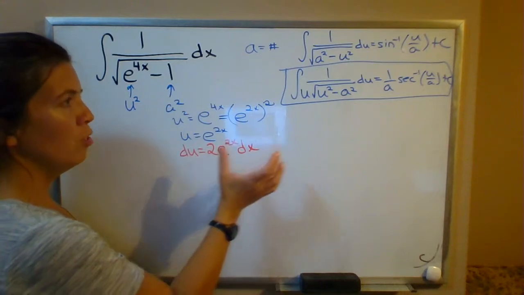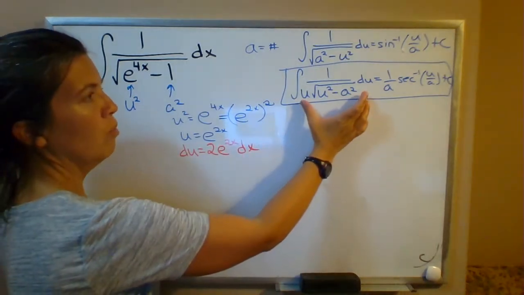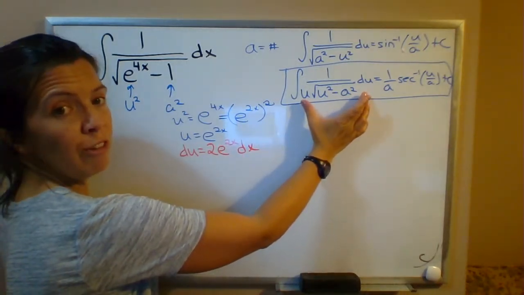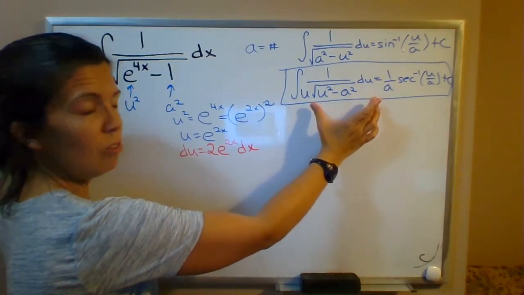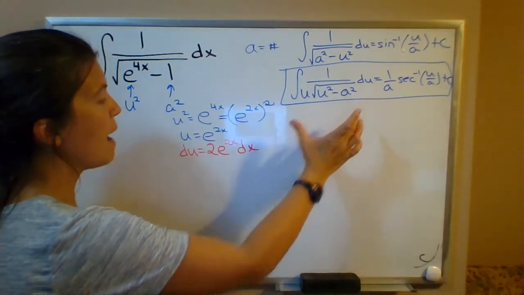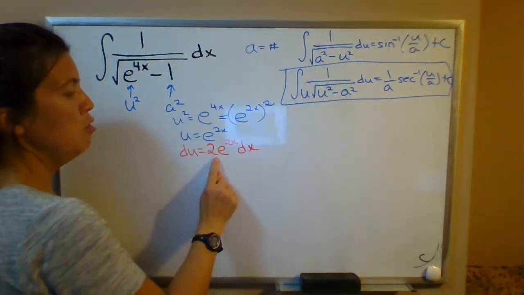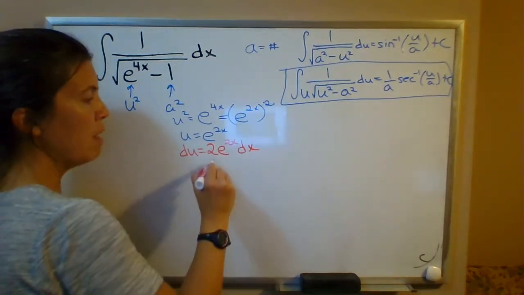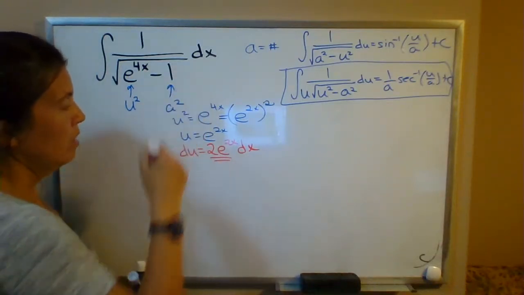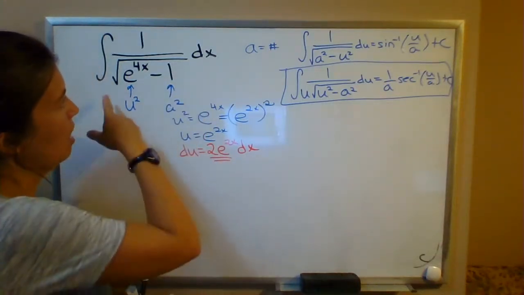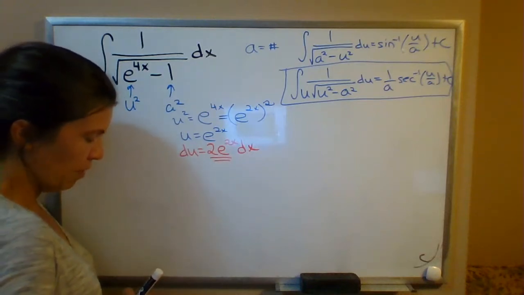Remember I was saying over here that often u and du have a common factor, which we need to bring back into the integral. It's been reduced out, we want to bring it back. So I'm going to multiply numerator and denominator by this 2e to the 2x. I'm trying to bring back the u in the denominator and the du in the numerator.